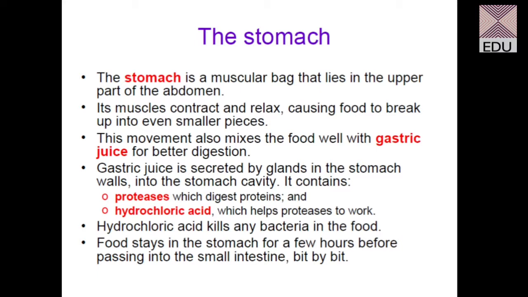HCl gives a particular pH to the food upon which the proteases can act. Hydrochloric acid helps the proteases to work inside the stomach. So HCl is very much necessary for the action of the proteases, and it is very important to digest the proteins.